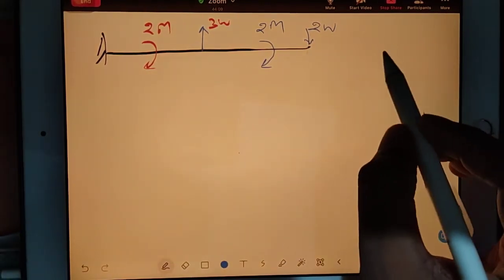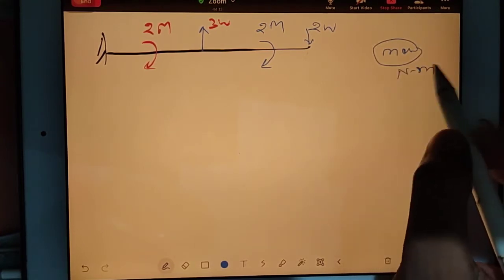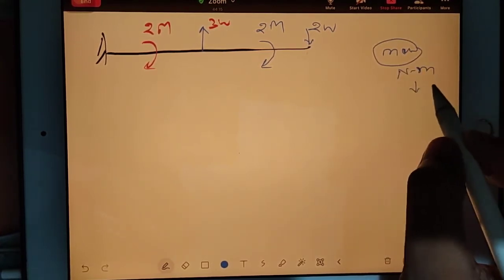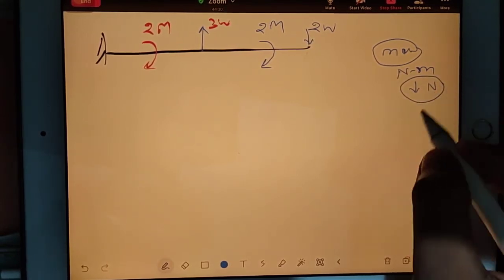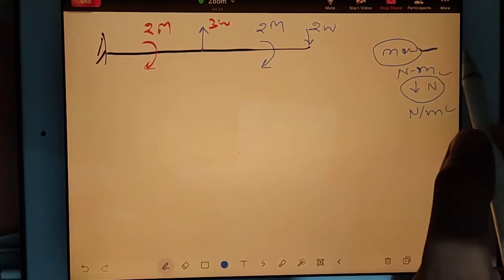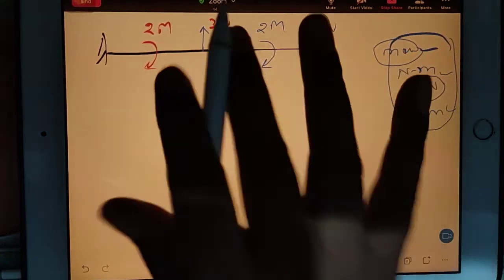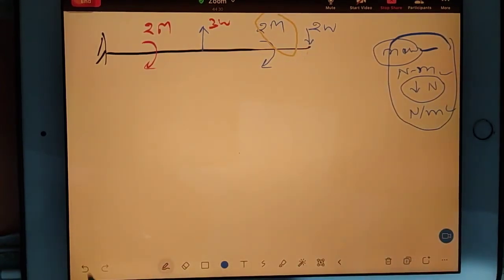When you have a moment applied, the unit will be Newton meter, and when you have a load applied, it will be Newton. When you have a UDL, the unit will be Newton per meter. But all types of loadings will act on the beam. This is 2M.